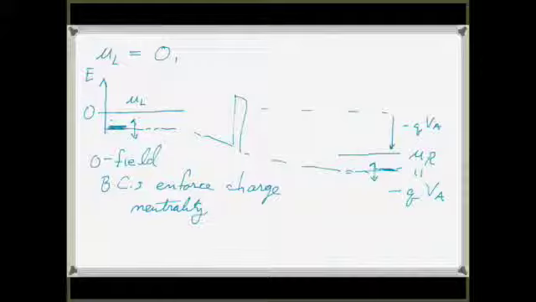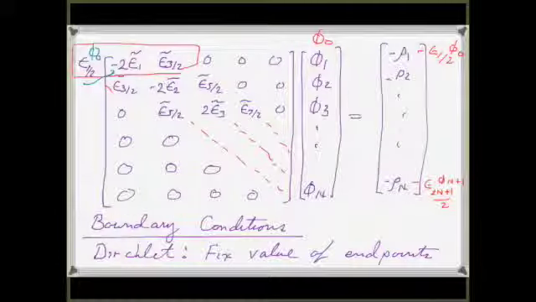And we showed how, for Dirichlet, you modify the vector on the right-hand side of this equation, and for von Neumann, you modify the matrix, the corner elements of the matrix itself.